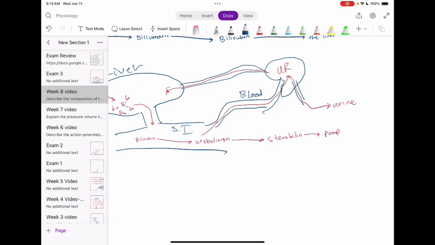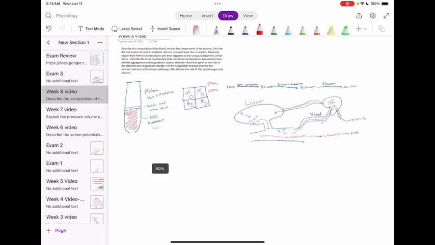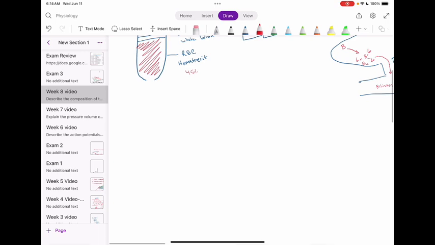Alright, what we're now going to talk about is clotting. And clotting in the body, what do we call this? Hemostasis. So we're going to start out and draw a blood vessel.